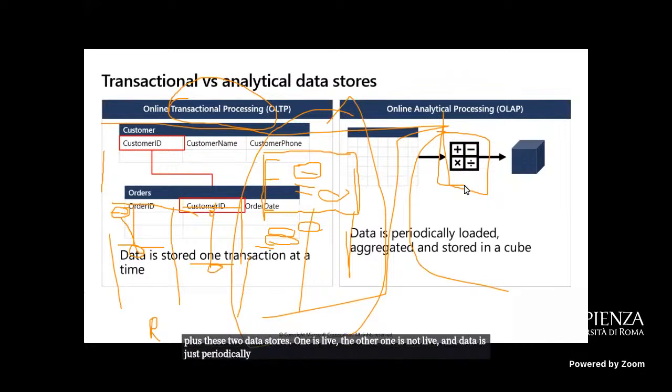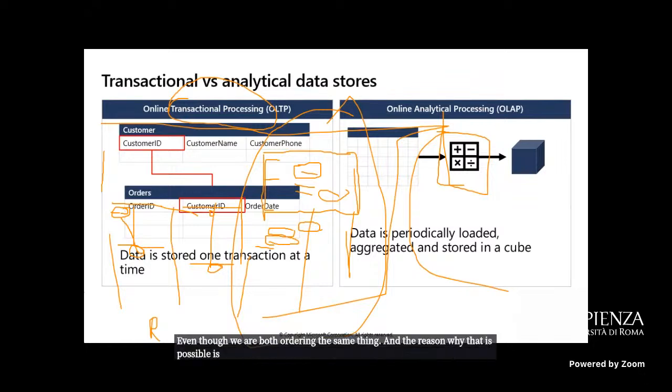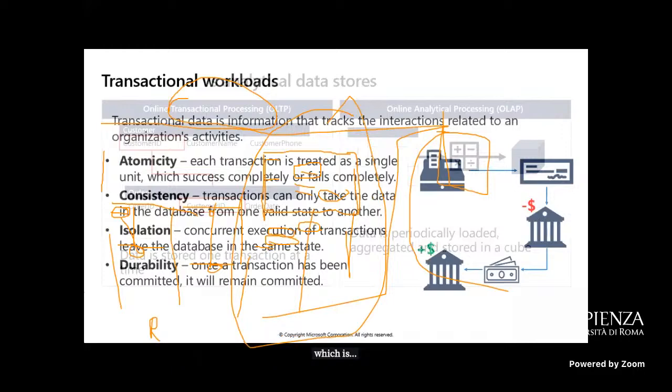Now, this leads us to transactional workloads. You would notice that we talked about the fact that your order does not clash with my order, even though we are both ordering the same thing. The reason why that is possible is because of the next thing we'll be talking about, which is this.